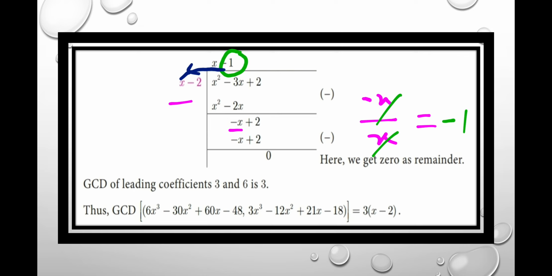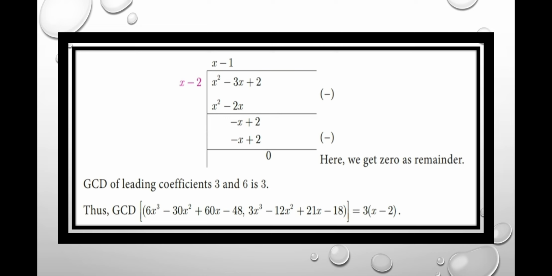Minus 1 into x, minus x, minus 1 into minus 2, plus 2. Then simplify this, if you subtract the sign should be changed, minus into plus and plus into minus. So, what do you get? Minus x plus x gets cancelled, 2 minus 2 gets cancelled, we get the remainder 0. Here the remainder is 0.